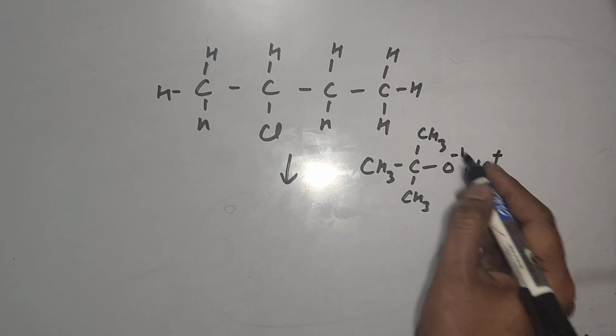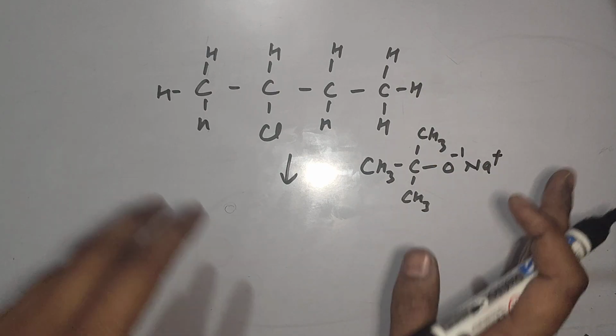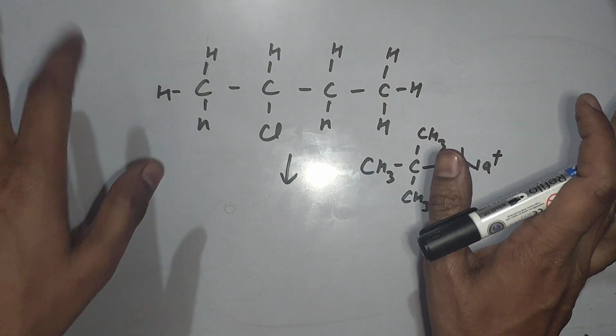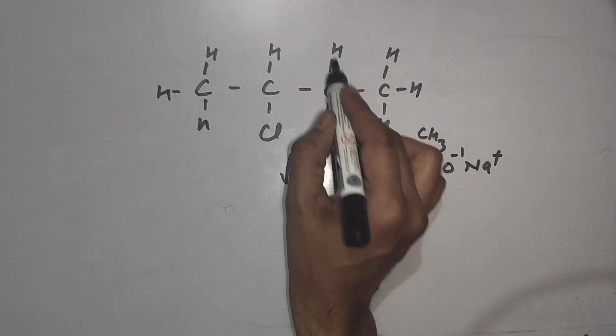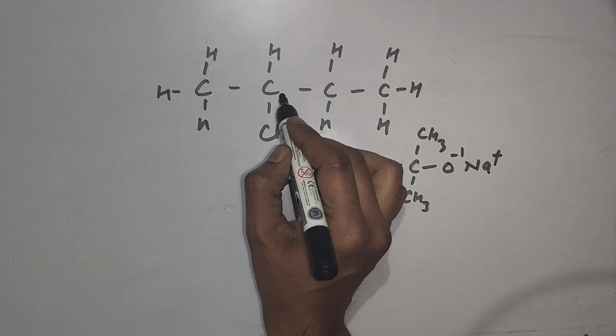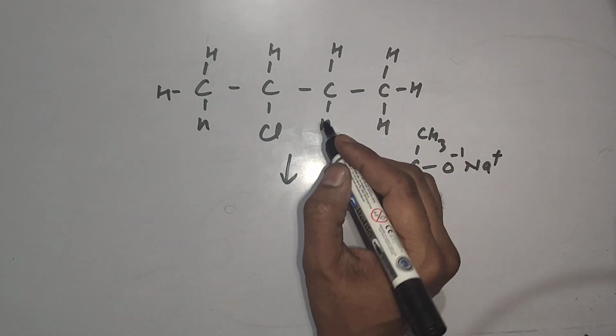Strong base, sodium tert butoxide I am using. Okay, so the condition is available for beta elimination reaction. Yes, beta hydrogens are there and strong base is there.